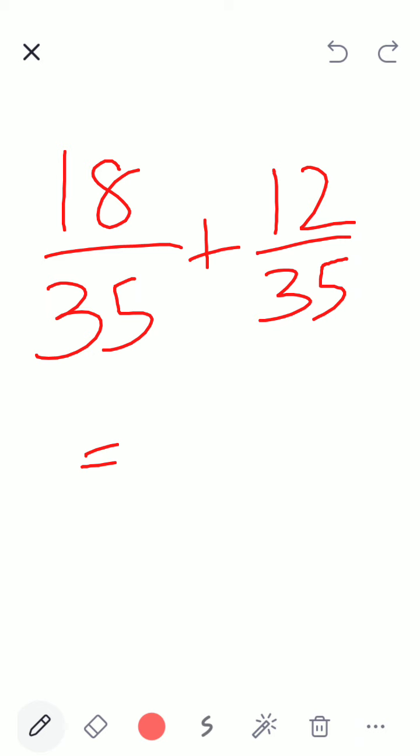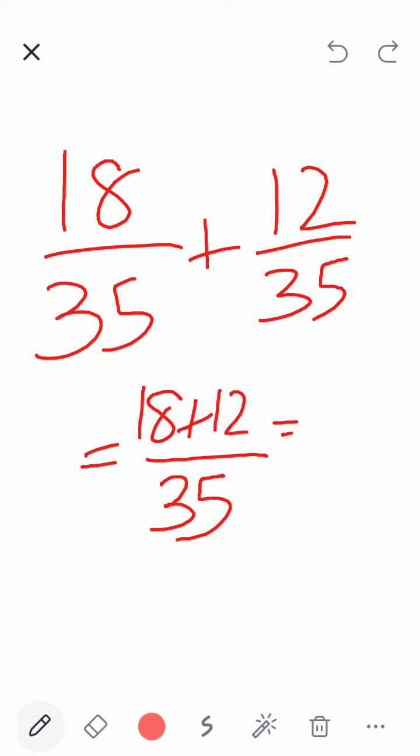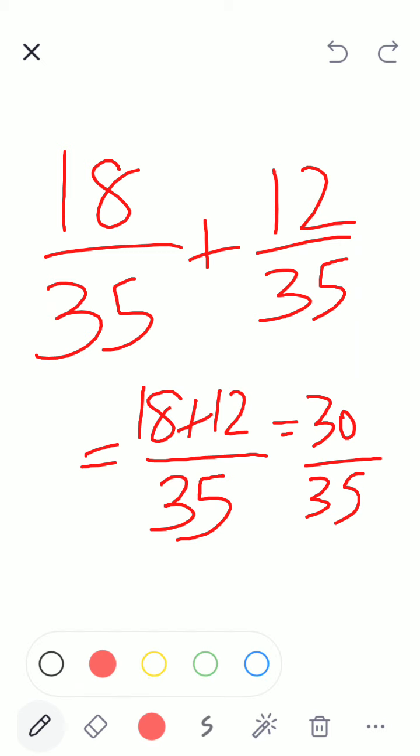Very good. 35 is a like fraction, so the denominator remains the same. Then I will do 18 plus 12, then I will get 30 by 35. Is this my final answer? No.